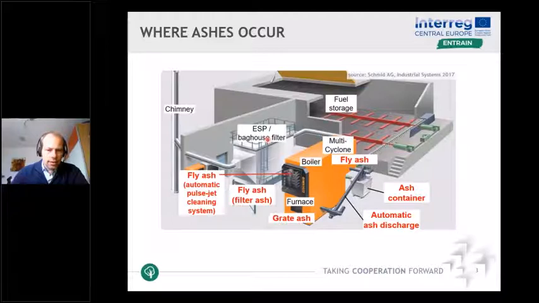Then going further on, there's also a second fly ash fraction from the electrostatic precipitator or baghouse filter unit, which is then fine dust or fine fly ash.